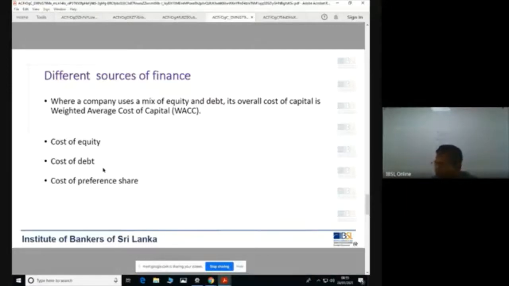Remember, share issue. New shares to be issued. When the new shares are issued, what is the implication we have learned for the existing shareholders? Their shareholding percentage will be diluted. They don't like it sometimes.